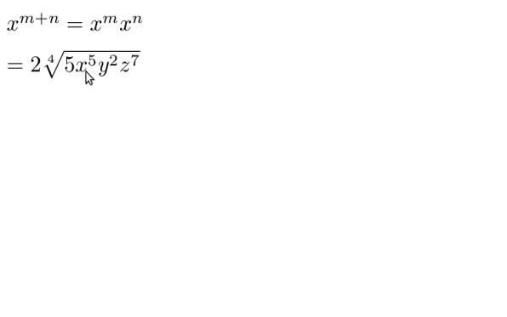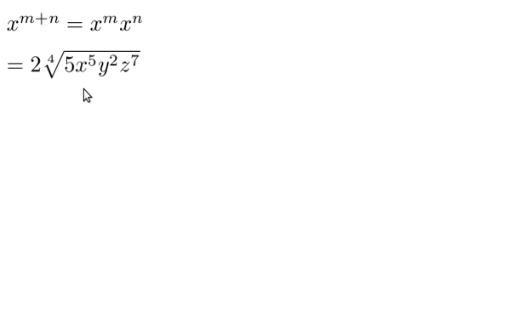So we want to be able to pull out something that we can take the 4th root of. So we want the largest number that is a divisor of 4, but is still less than or equal to 5. So what is the biggest number that's smaller than 5? Or equal to 5, but 5 doesn't work, so you can't take the 4th root of x to the 5th.